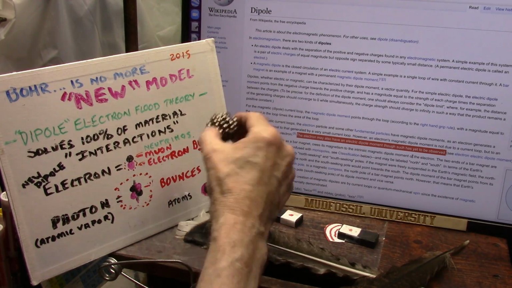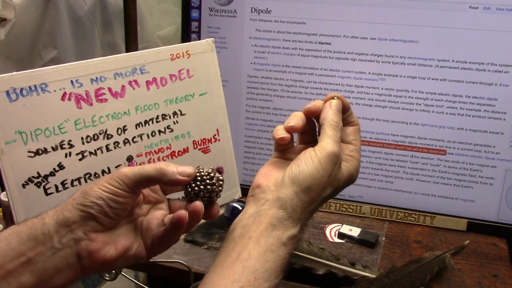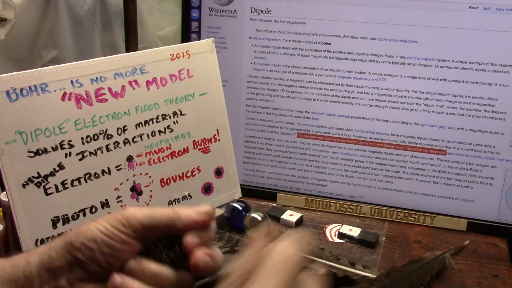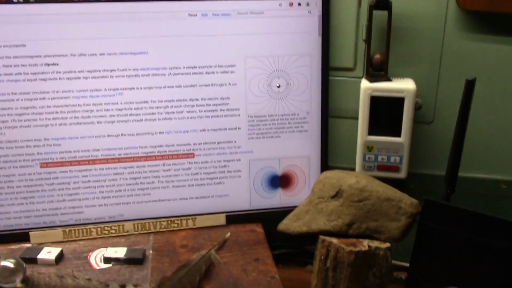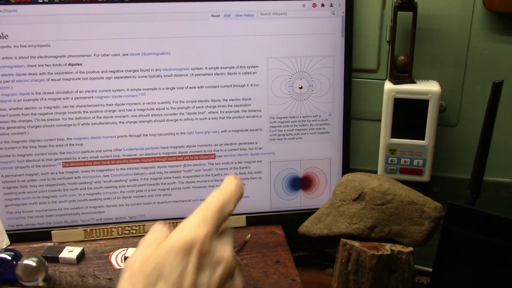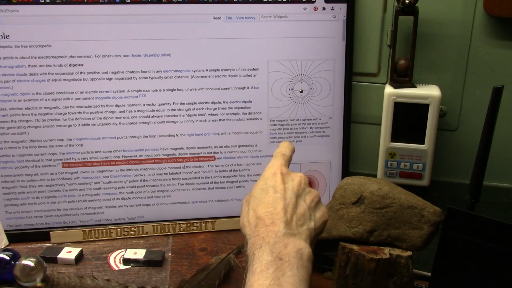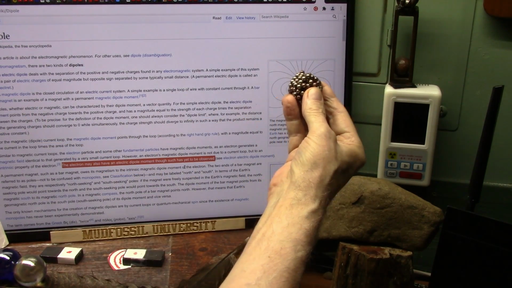And every single particle there is in the whole universe, I believe, is one of these, which is a dipole electron. Over here, you see, I put one of my little magnetic balls right in there. That's what they say is the magnetic field of a sphere, which is these.